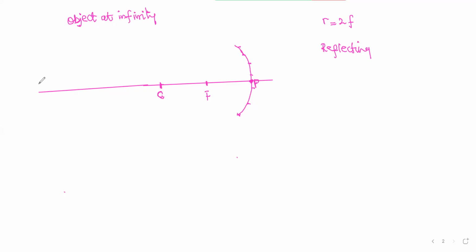I said they all obey the principle of reversibility. So if the image is being formed at infinity, then the reflected rays must travel in that parallel manner. If an object is at infinity, then rays coming from the object must also be traveling in that parallel manner. Okay. Class, are you okay?